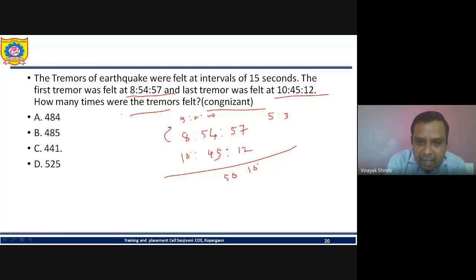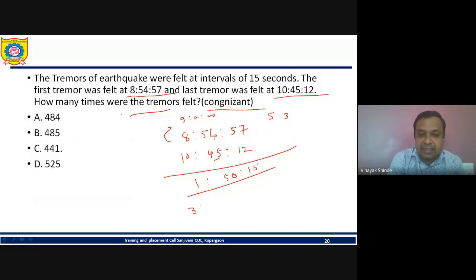And we have here 1 hour, 9 o'clock to 10 o'clock. So 1 hour, 50 minutes and 15 seconds is the difference between 8 hours 54 minutes 57 seconds and 10 hours 45 minutes 12 seconds. Convert this into seconds.